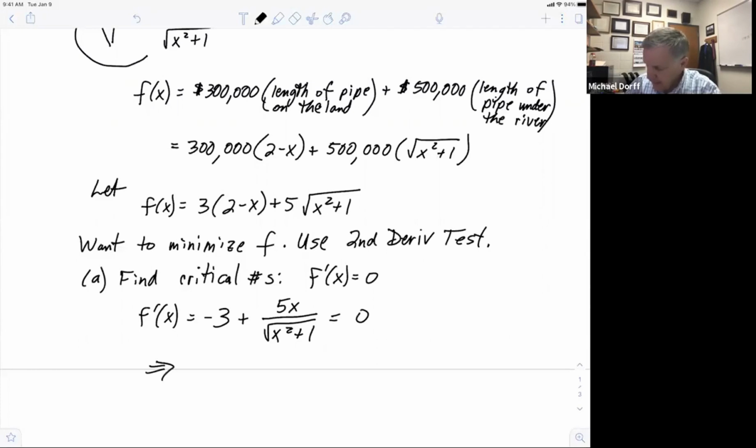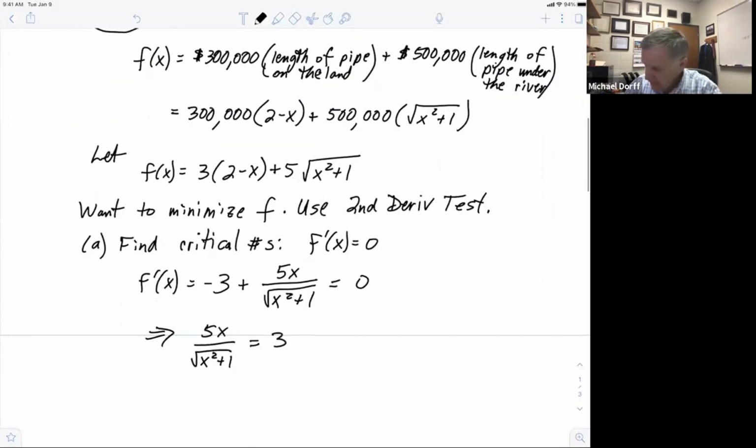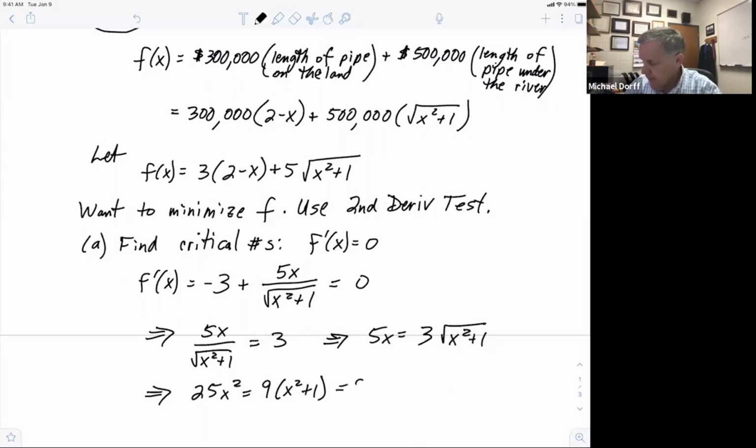So then I've got 5x over square root of X squared plus 1 equals 3. And if I cross multiply, that's going to give me then 5x equals 3 square root of X squared plus 1. But now I'm going to square both sides, so I get 25x squared equals 9 times x squared plus 1, which is 9x squared plus 9.